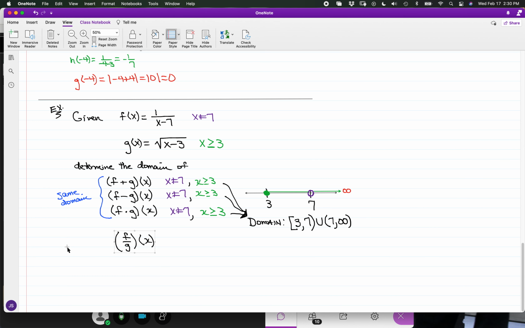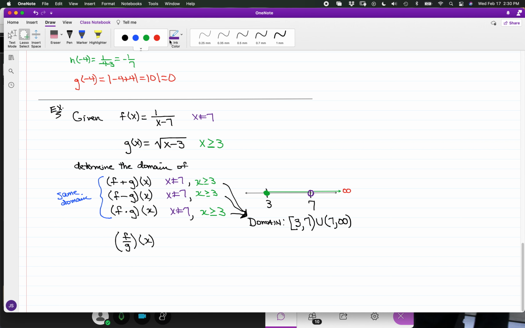Now, if we're looking at the function itself, we have to work this one out to see if there are any added restrictions to be included, along with x cannot be 7, or x can be greater than or equal to 3. So we have for f over g of x, f of x over g of x.